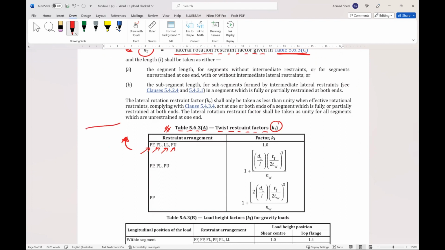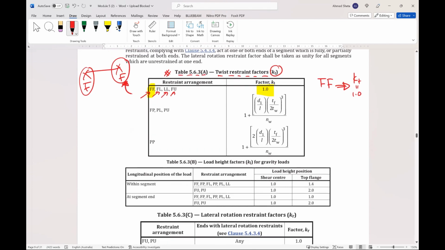In this case, we mentioned that the beam is fully laterally restrained at both ends. So for this case, it is FF, which is 1. If the beam is fully laterally restrained at supports, or FF, you can take KT as 1. For other cases, you can use this formula.